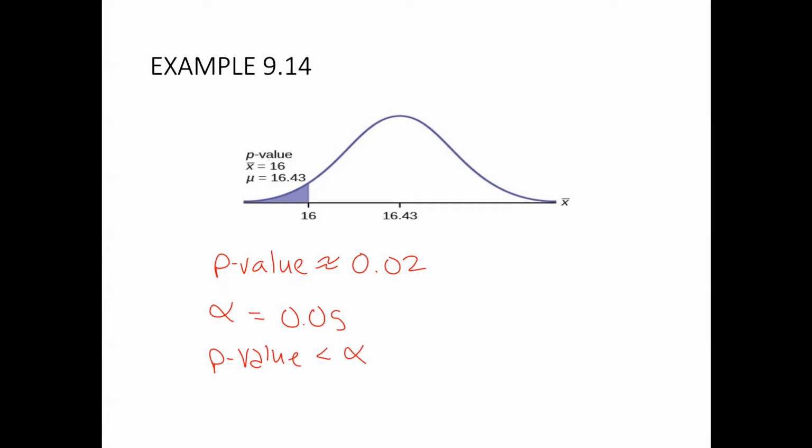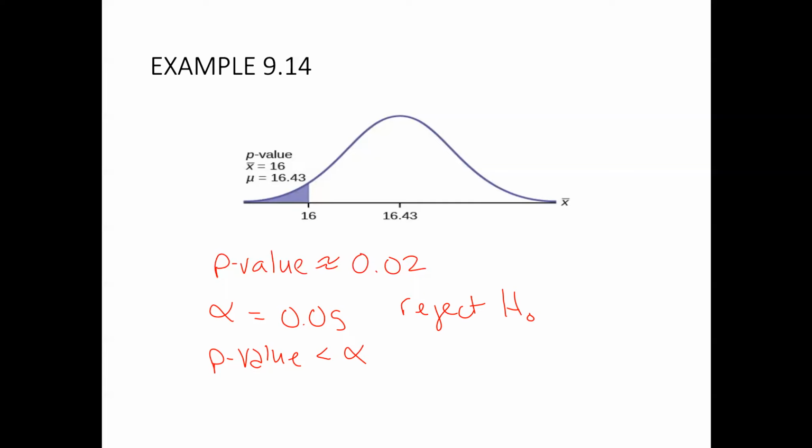If the p is low, then the null must go. So we're going to reject the null hypothesis. What does that mean? Your data is significant.